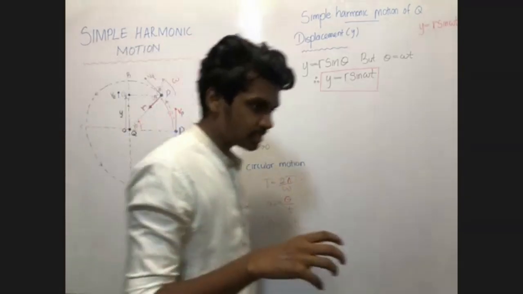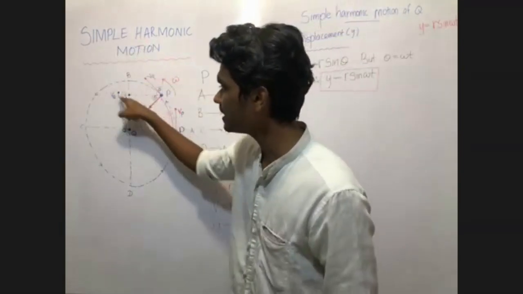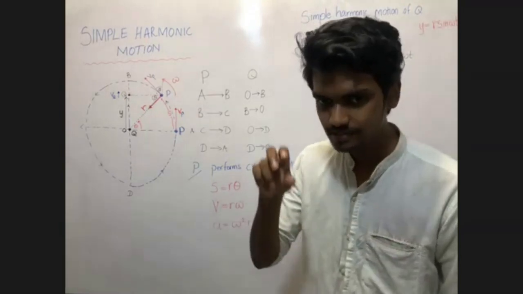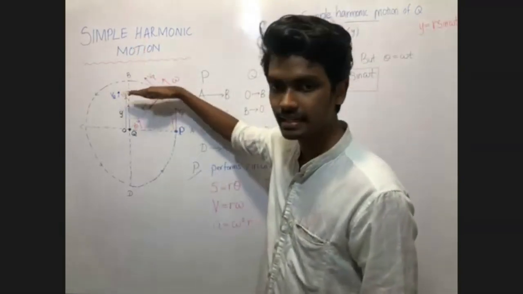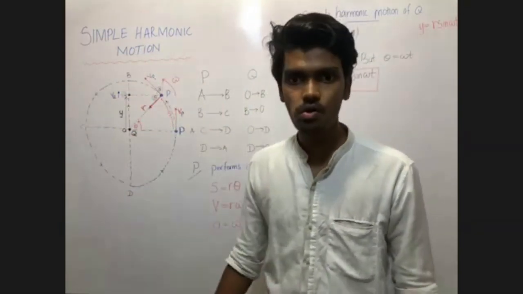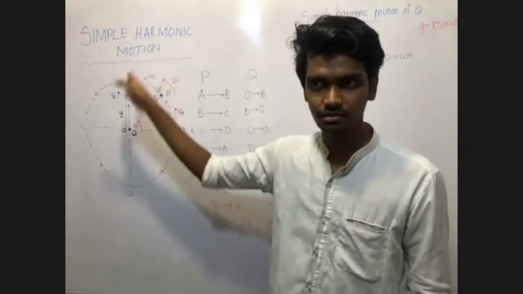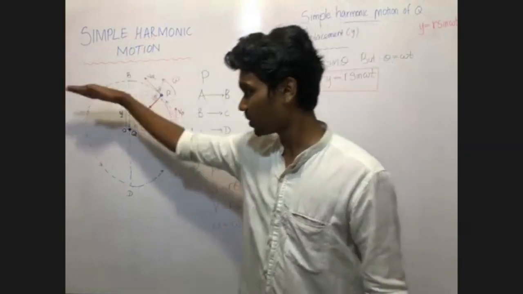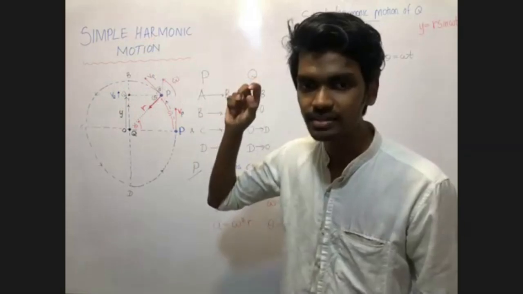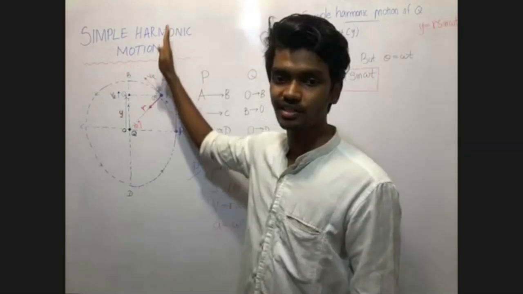So think about it. Is VP sin theta going to affect this Q? No, because Q is moving vertically. This is in the horizontal direction. So what affects Q is the vertical component.